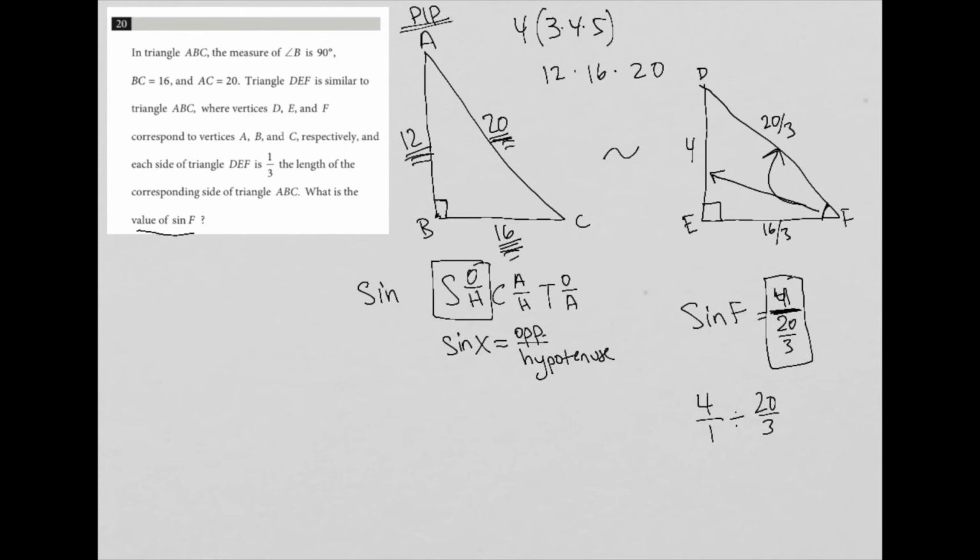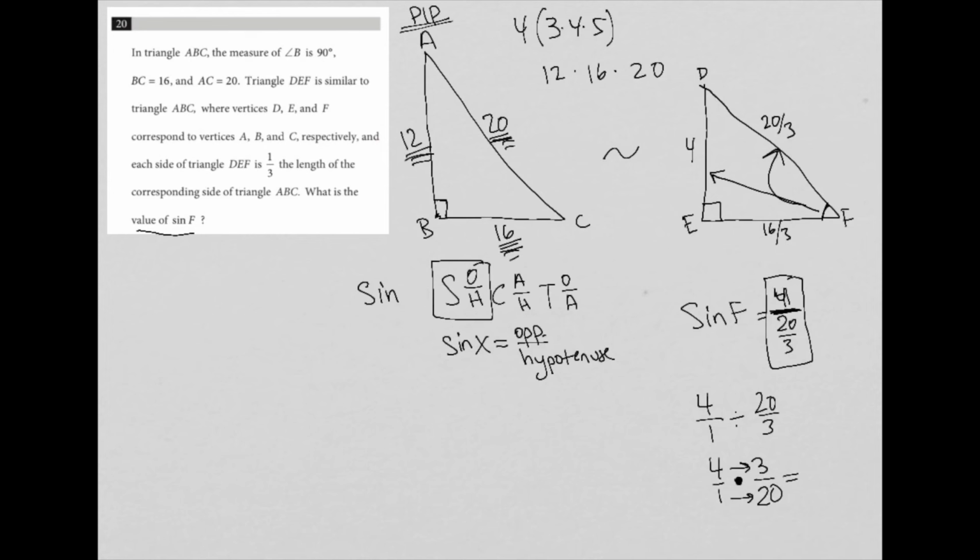keep, change, flip idea. So I keep the first fraction the same. I change the division into multiplication, and I flip over the second fraction, right, or write the reciprocal. So 4 over 1 times 3 over 20, well, I can multiply straight across. I know I can cross cancel here as well. So if you know how to do that, by all means, please do it. You get to the answer a little bit faster.